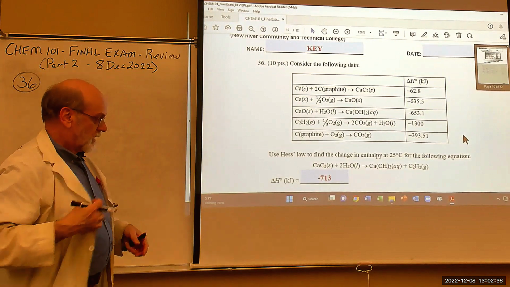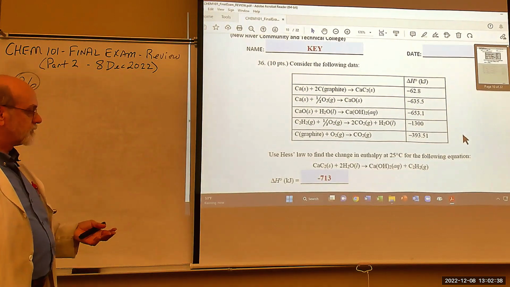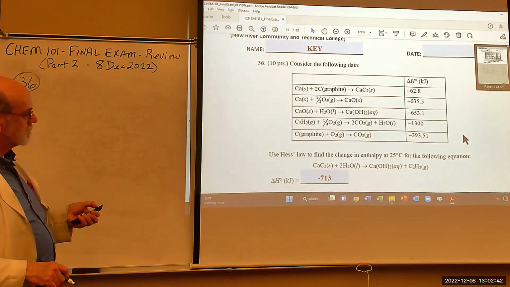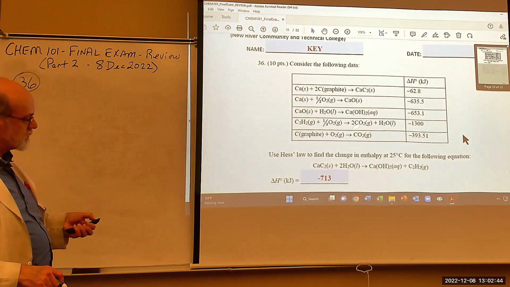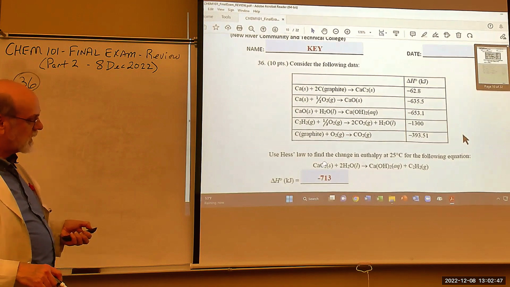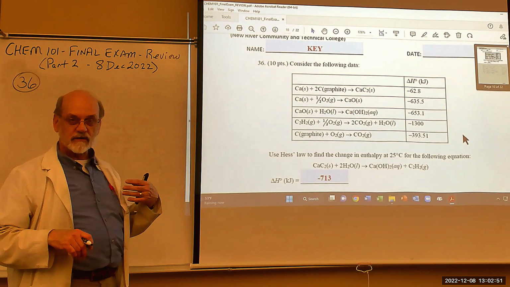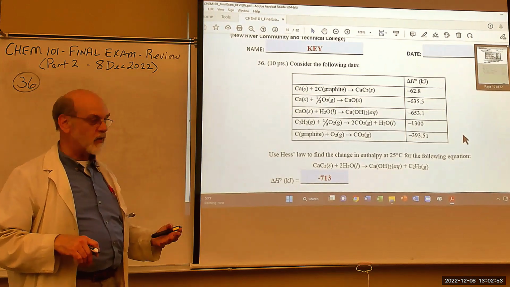So we're kind of short on time. These are the equations that give us this one, but they have to be rearranged in such a way that they add together to give us the final target equation.